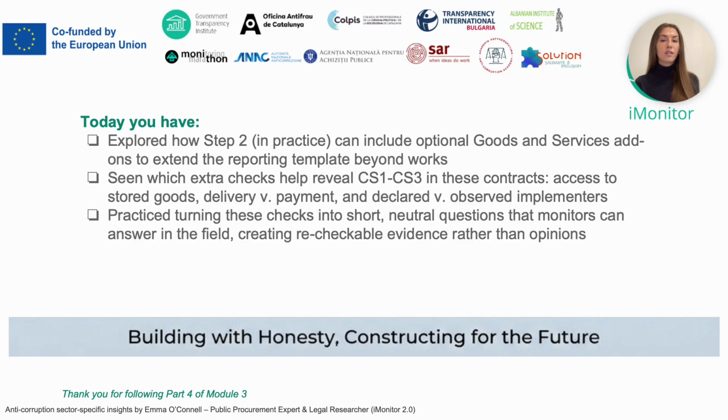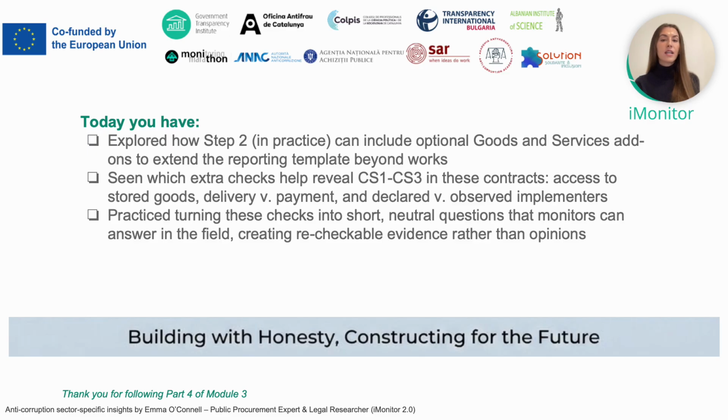First, we looked at goods. So if the monitor selects goods, 3 clusters of extra questions appear. First, access and obstruction, an early warning indicator. We kept the basic site visit question, were you able to carry out a site visit, but we strengthened the no path. The add-on asks whether the monitor tried to see where the items are actually stored or installed, through a storeroom, a warehouse, or end-user location, and if access is still blocked, who prevented it and why.